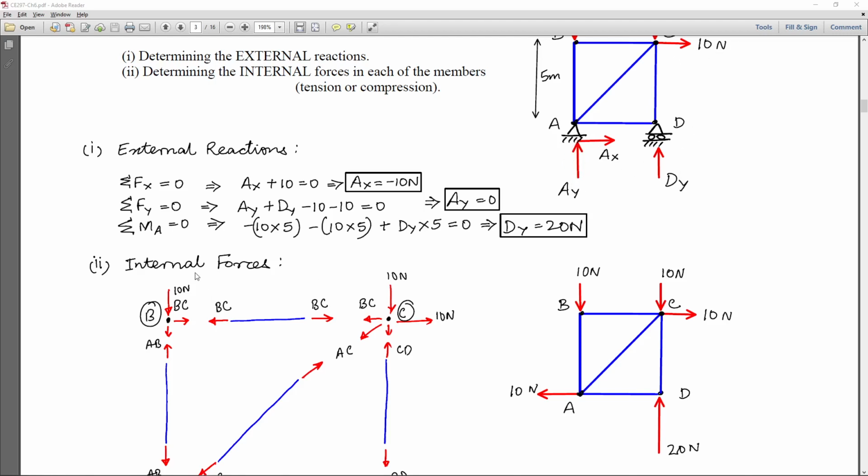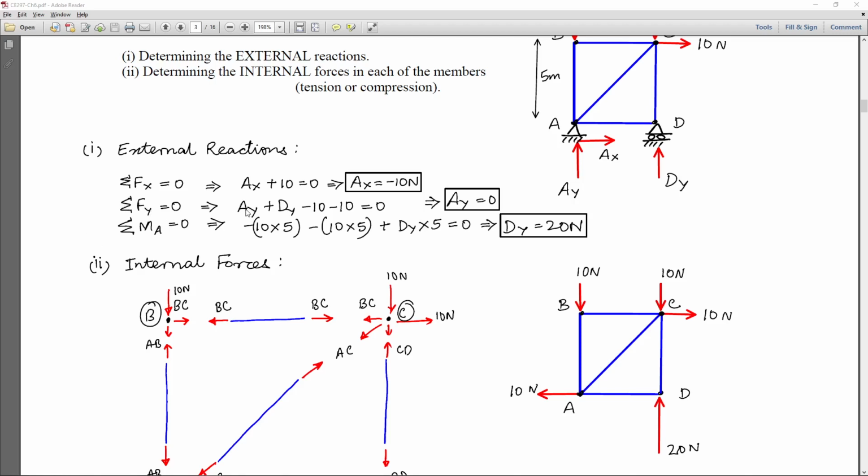Due to the summation of all the forces acting in the x direction horizontally, we only have just one plus the unknown, so they will give you -10 acting in the opposite direction.